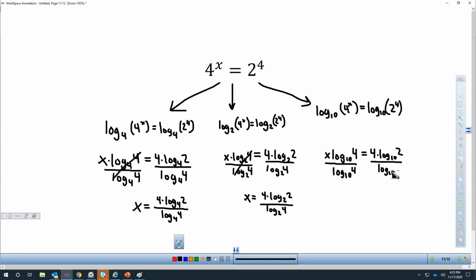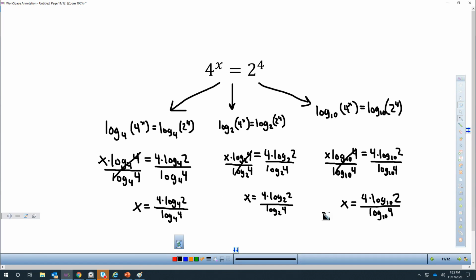So you can see this is pretty repetitive. I'm getting very similar answers. The only thing that's different is the bases that I'm using. So this one's going to give me x equals 4 times log base 10 of 2 divided by log base 10 of 4. And so now the question is, what do these give me, and are they right?